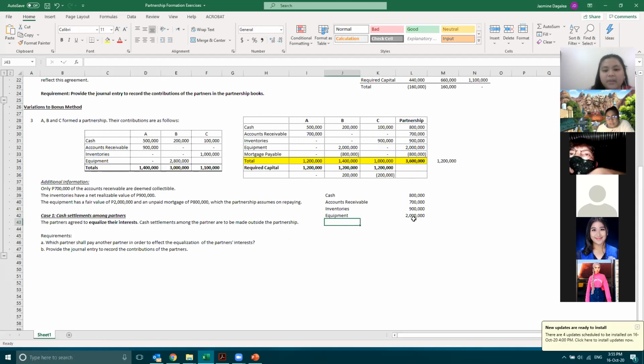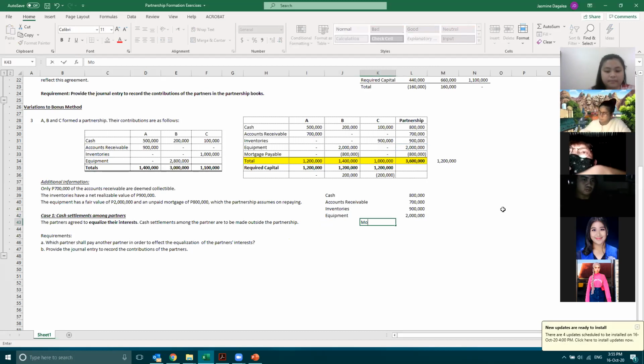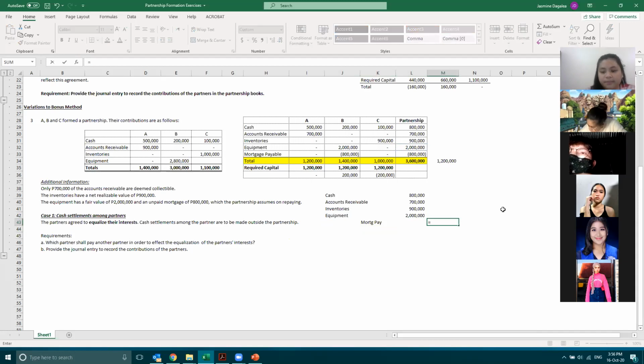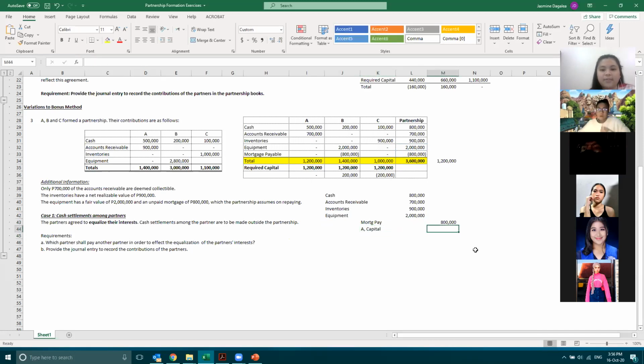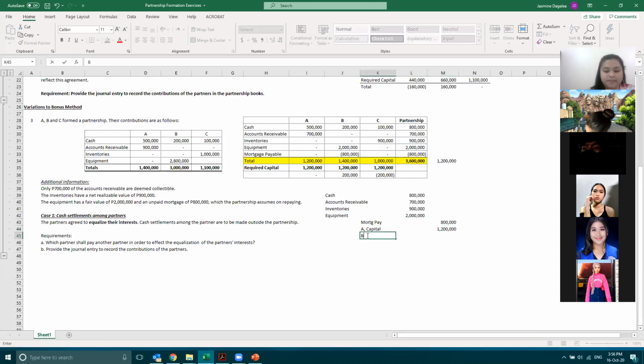Tapos na tayo sa debit. Credit naman. Mortgage payable, 800,000 credit. Tapos ano pa? A capital, 1,200,000. B capital.